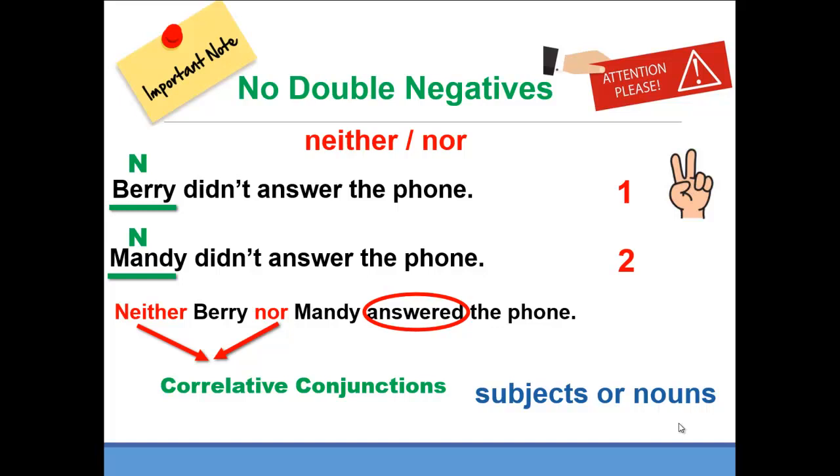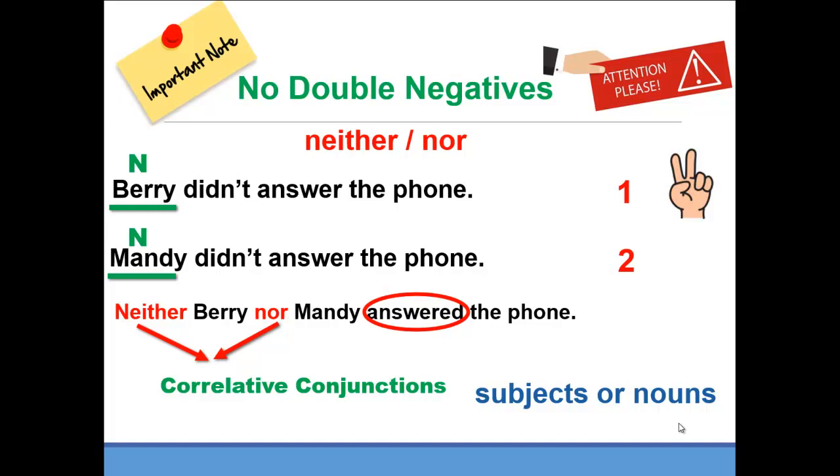So didn't answer is a verb in the past time, so it's going to be turned into a positive verb: answered, a positive verb in the past time. Neither Barry nor Mandy answered the phone. None of them answered the phone.